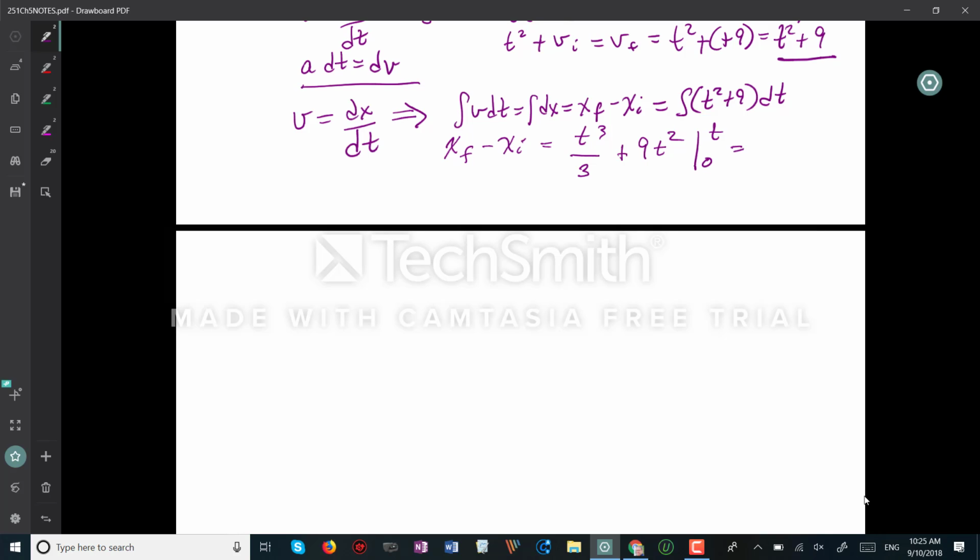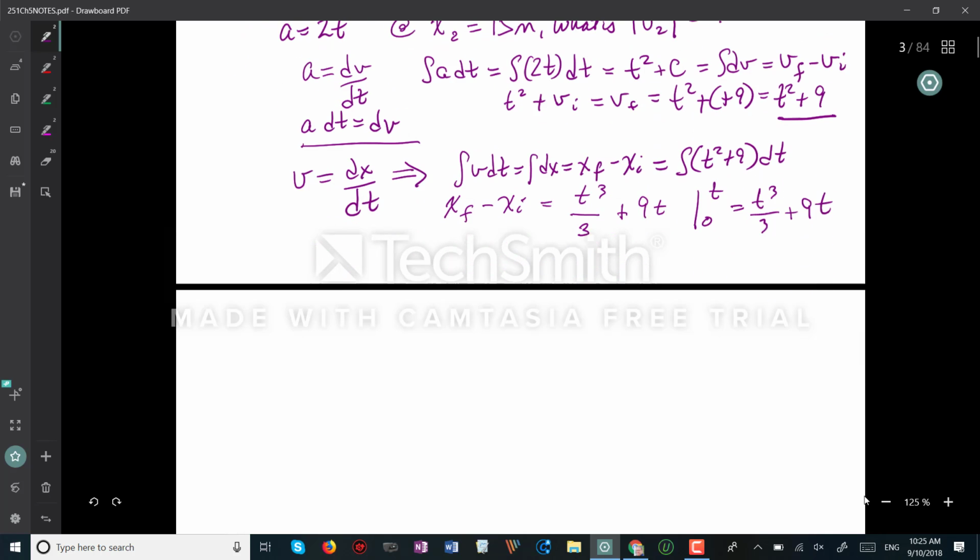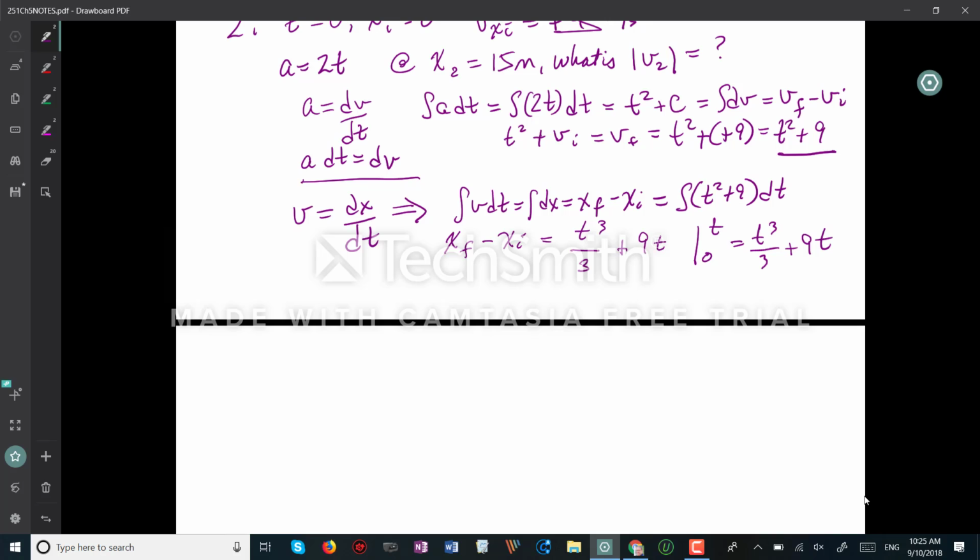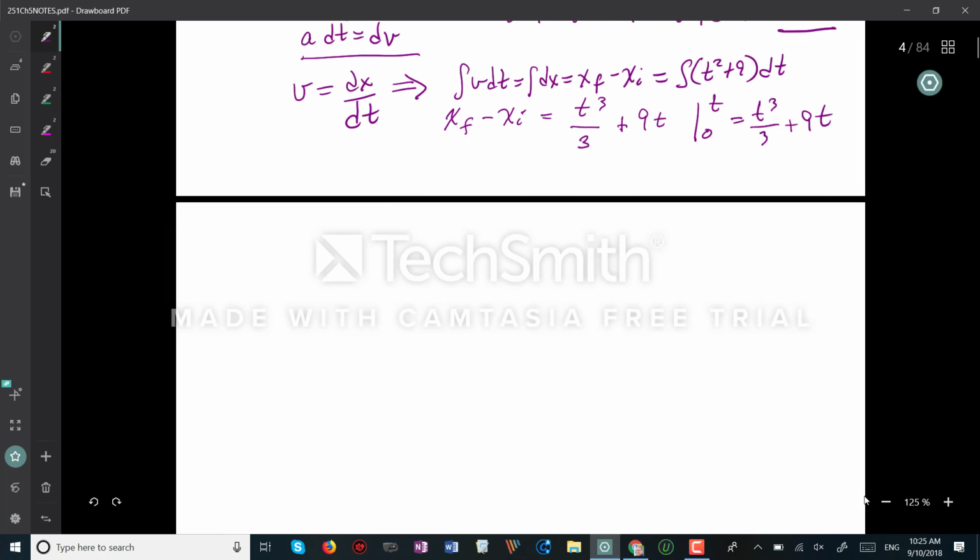Oh man, I don't get to say squared again. So between the limits of 0 to t, we do get t cubed over 3 plus 9t. So what was x initial? 0. And our condition is x2 equals 15 meters. So I want 15 minus 0 equal to t cubed over 3 plus 9t.